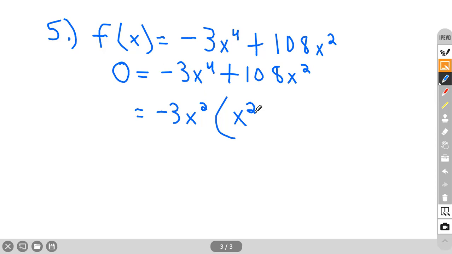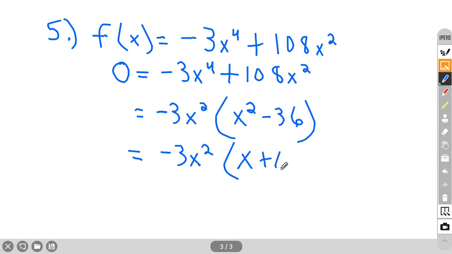And then I'm going to take 108 divided by negative 3 and I get negative 36. And x squared divided by x squared is going to be 1. I'm going to go ahead and factor this problem again. So I get negative 3x squared times x squared minus 36, which is going to factor to x plus 6 times x minus 6.